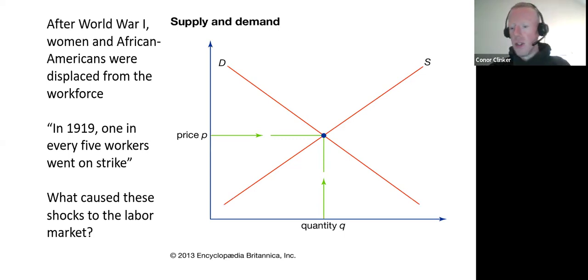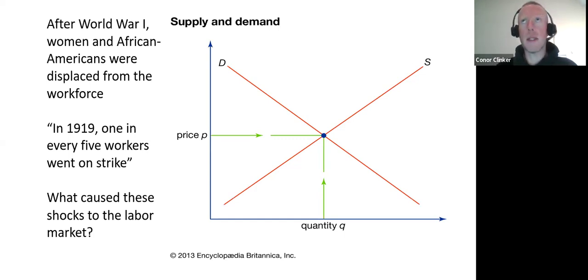So, in terms of how the economy changed after World War I, we covered earlier that during the war, there's this brief period where huge numbers of Americans enter the workforce really for the first time, specifically women and African Americans.